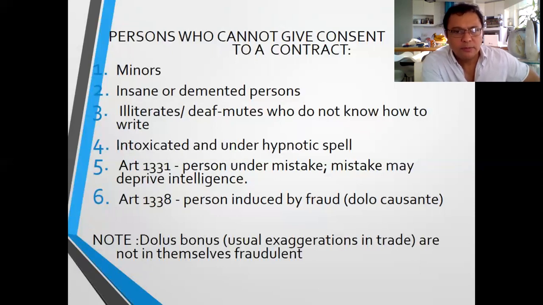So, if you answer only deaf mutes without saying who do not know how to write, your answer is partially correct and partially wrong, so it should be wrong. So it should be complete: deaf mutes who do not know how to write. Intoxicated persons and those under a hypnotic spell.